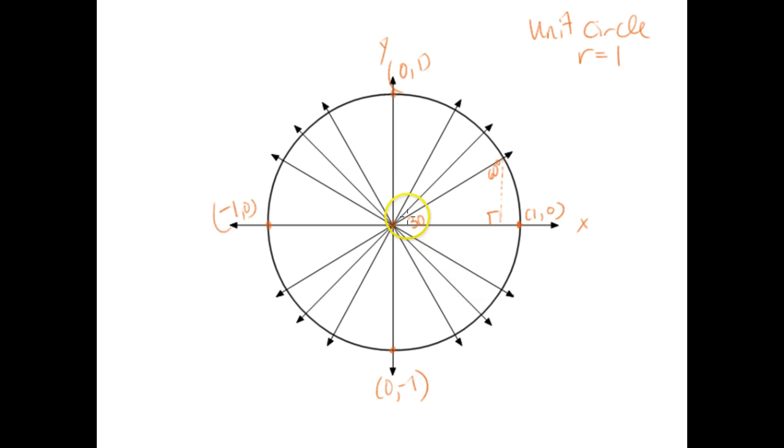Just for practice, this is equivalent to 30 degrees, and in terms of radians, this is also pi over 6 radians, because 180 divided by 30 goes in 6 equal times, so I'm going to break up pi into 6 equal parts. So this is pi over 6. This is 2 pi over 6, which is also pi over 3. We'll talk about that in a little bit.